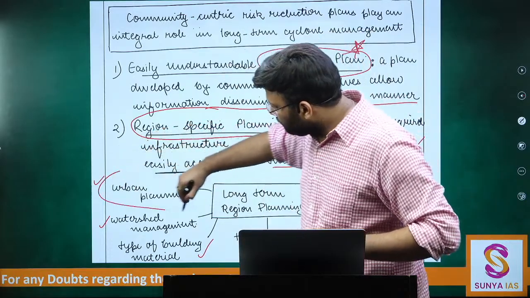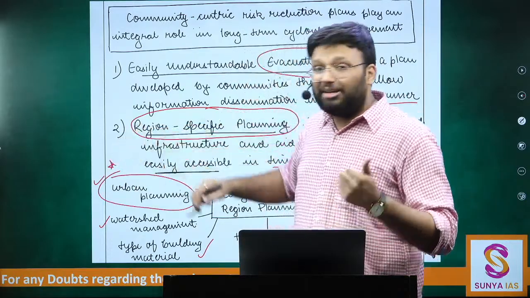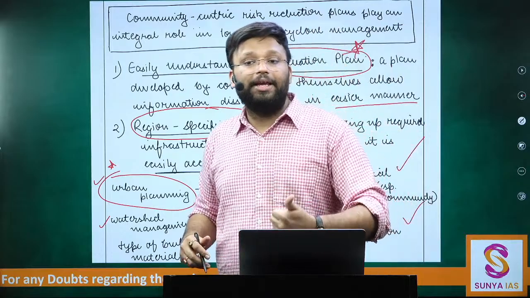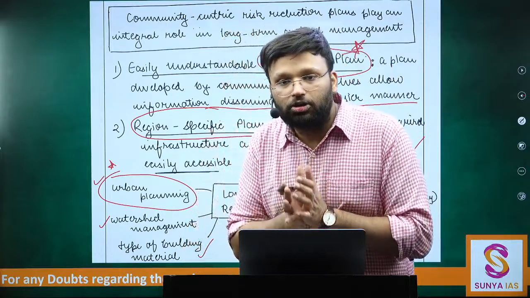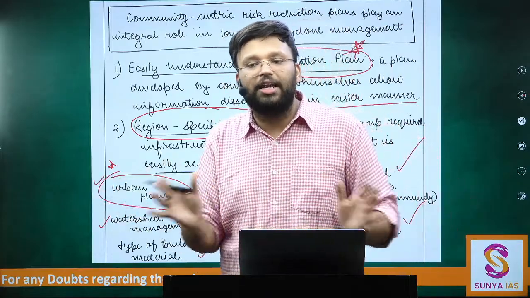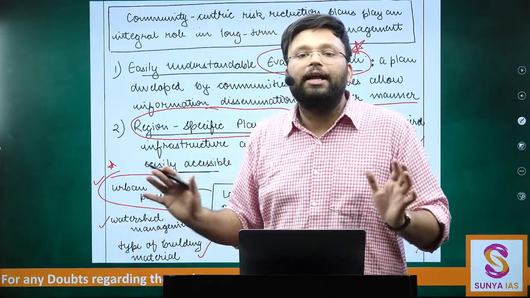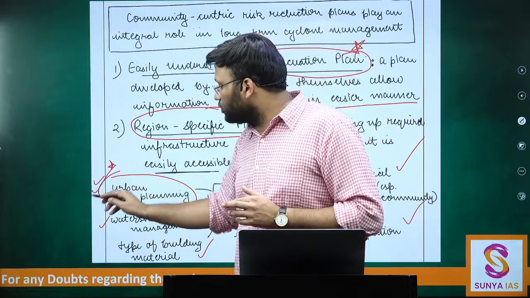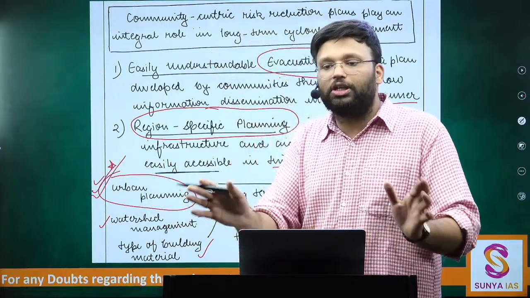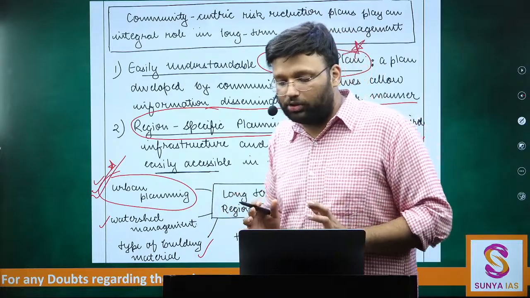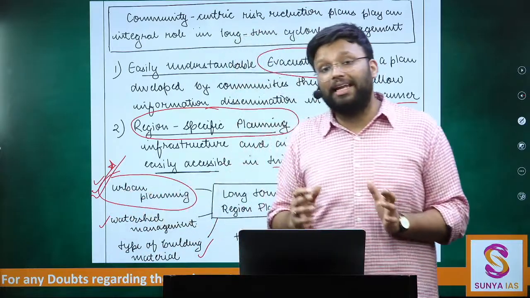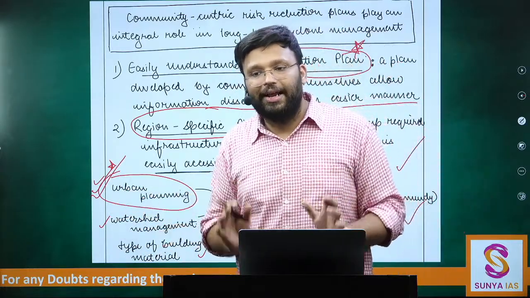Urban planning. Urban planning will involve maintaining different kinds of drainage mechanisms, different kinds of storm water routes through which water can exit. The different kinds of storm water surges that will happen during cyclones, we need urban planning so that that water can exit.